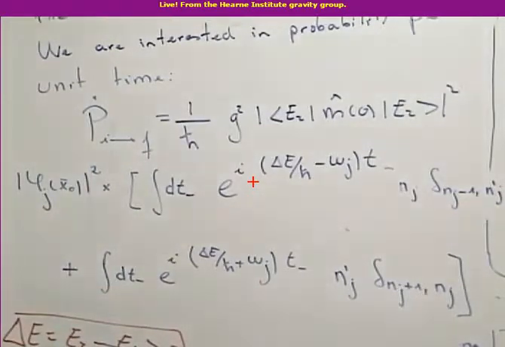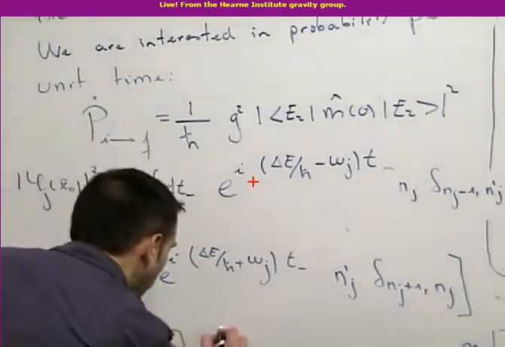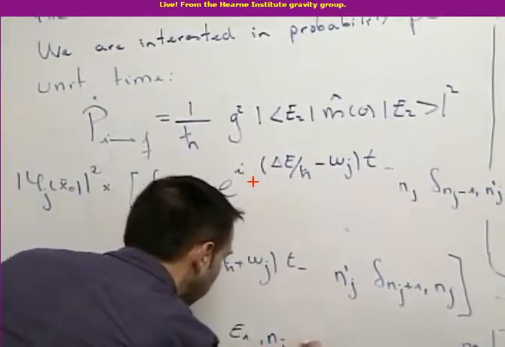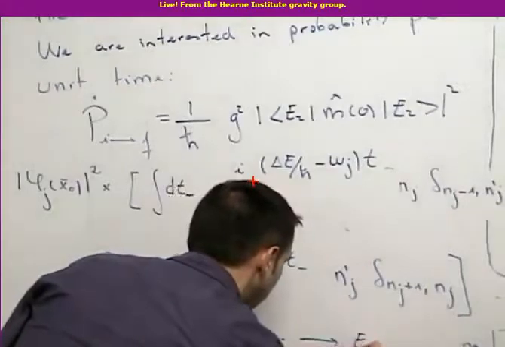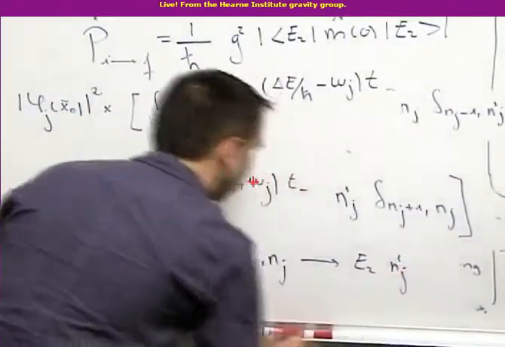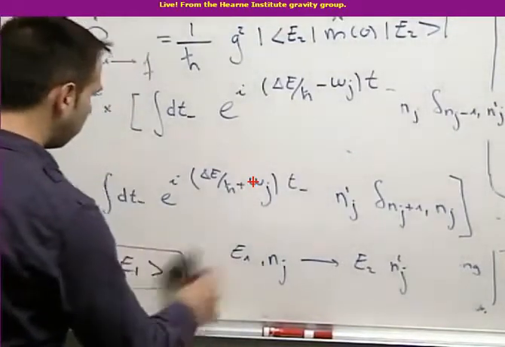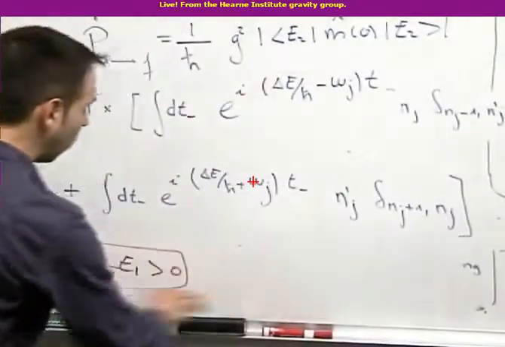So remember, we are computing the transition from this to this. So we have two terms. Probably it's just easier to do the calculation of the sum.